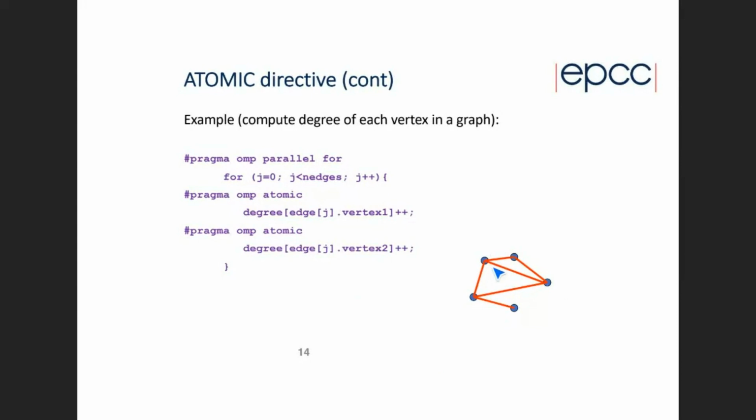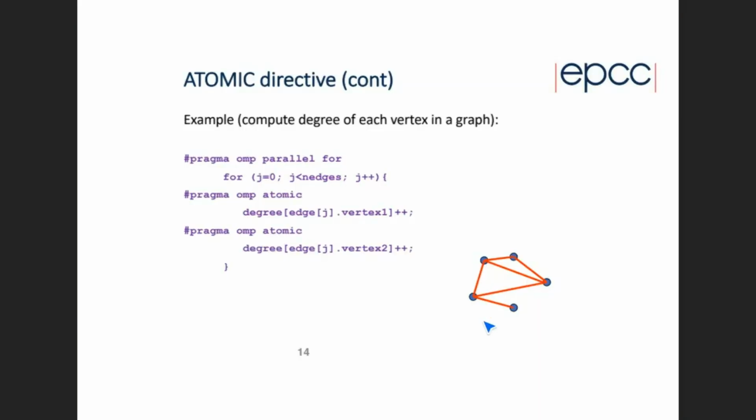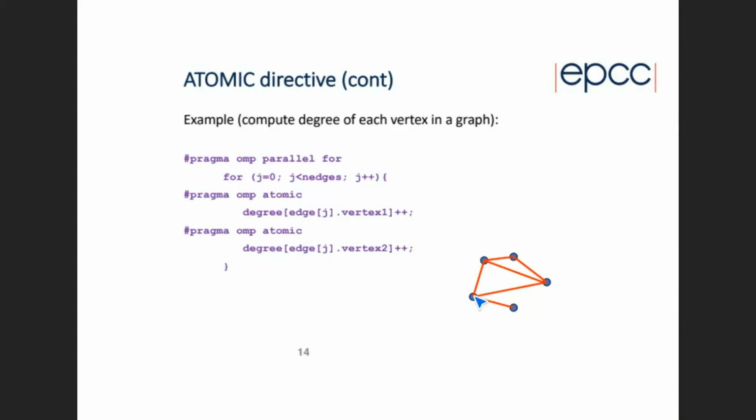So, for example, this vertex here has degree 3, this one has degree 2, this one has degree 1. The way I'm going to do that is to run a loop over all the edges, and then add 1 to the degree count for the vertex at either end of the edge.